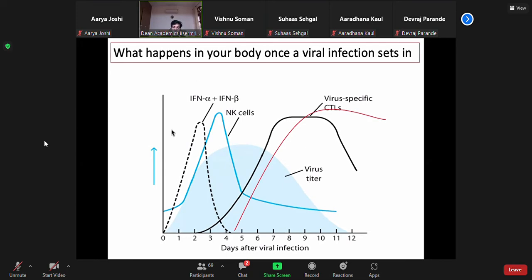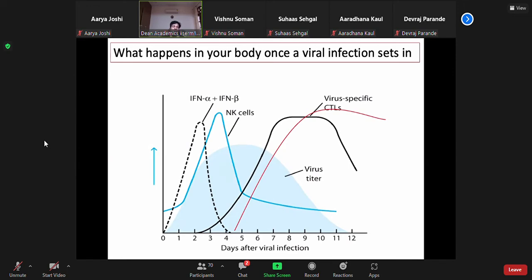So we are going to cover it later, once we have discussed the structure of the antibody molecule, because based on the structure you would know why these antibodies can also activate complement.